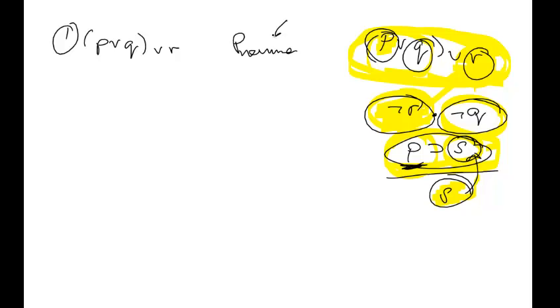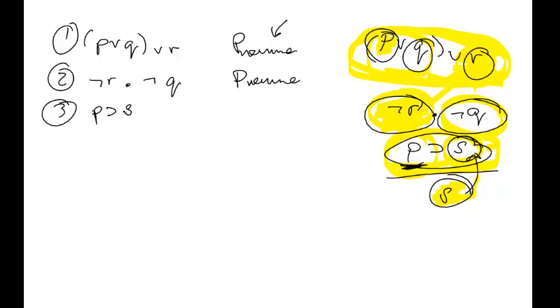Remember, I'm justifying my lines over here. Line 2, I've got not R and not Q, and that's also a premise. Line 3, I've got if P then S, and that's also a premise, and that's what I have to work with in order to build to S over here.